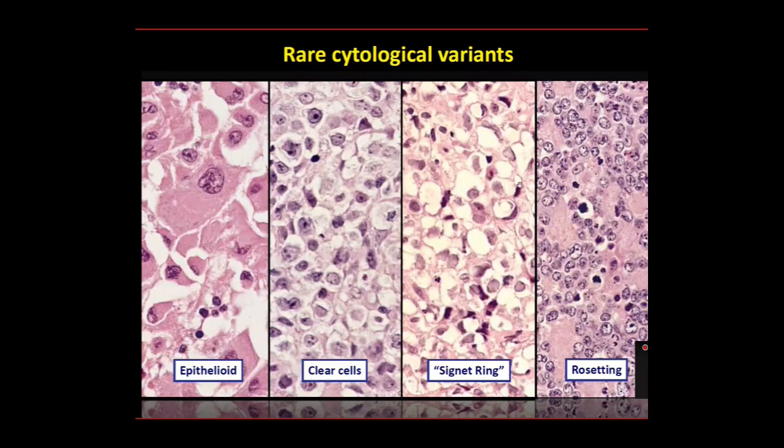Those really resemble solid cancer. Rosetting, when you have big cells surrounded by reactive elements like T lymphocytes, we will see as a phenomenon in Hodgkin lymphoma, but it can happen also in other solid cancers.